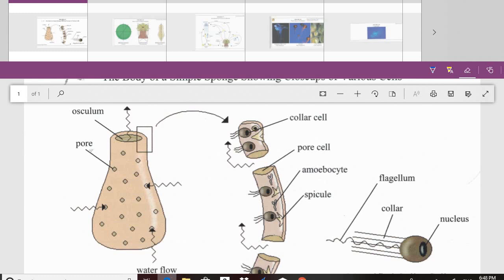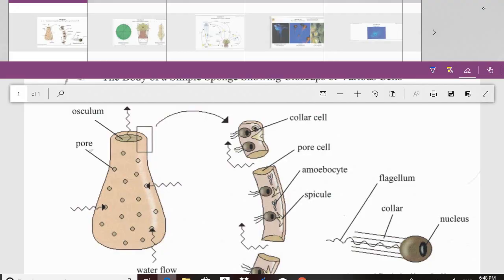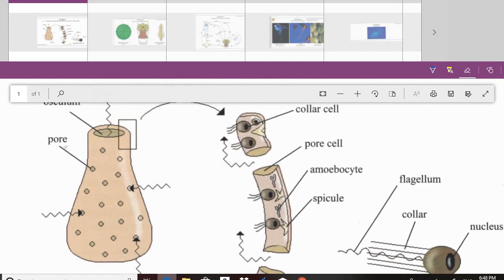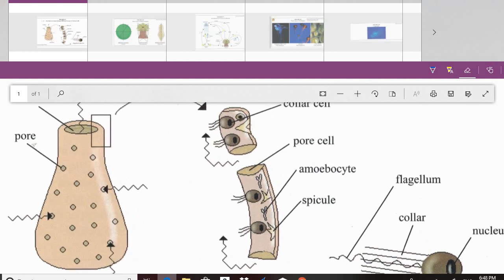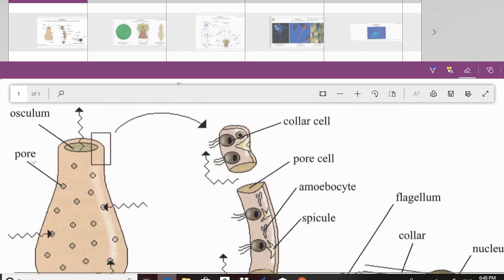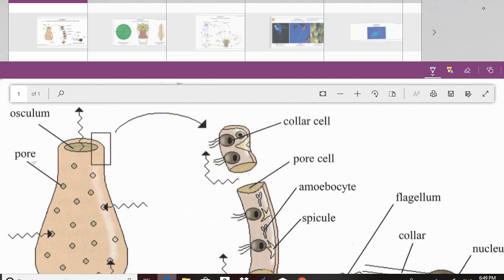Next, let's look at the structure over here that is called the osculum, right here, osculum.